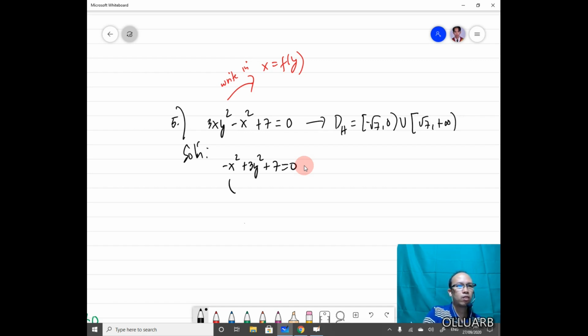So here our a is negative 1, b is 3y squared, our c is 7.